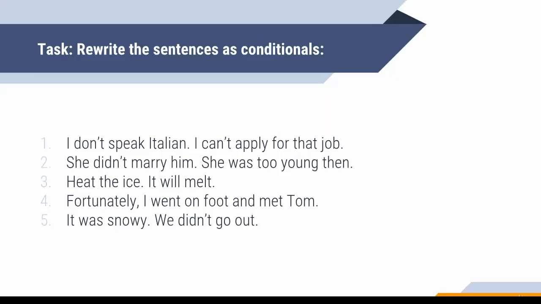It's in the present, and you want to express something hypothetical. Hypothetical in the present, second conditional. A sentence in second conditional has the structure if, past simple, would. If I spoke Italian, I would be able to apply for that job, or I would apply for that job.